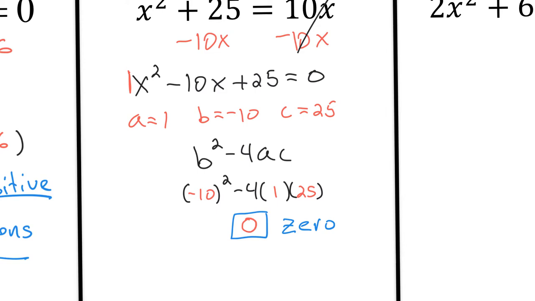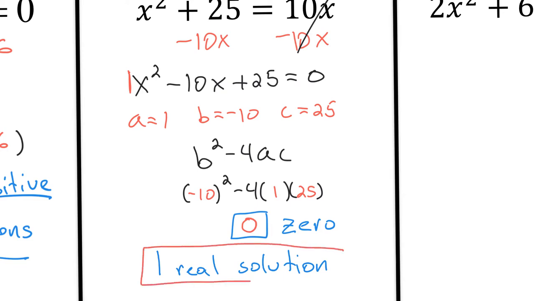So we say that when the discriminant is 0, we have 1 real solution. So that's what it means. When you guys graph, you have the parabola, and the vertex, that's the one point, will be on the x-axis. We're only going to have one answer, 1 real solution. So don't get confused just because you see the number 0. Don't say it's no solutions. It's 1 real solution.